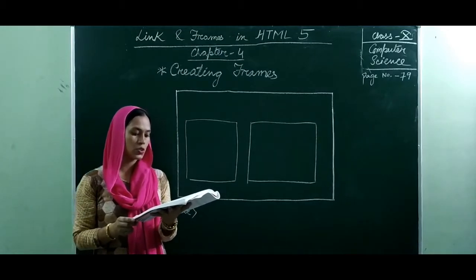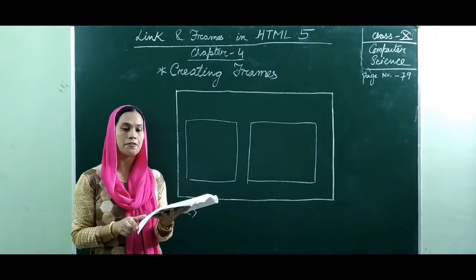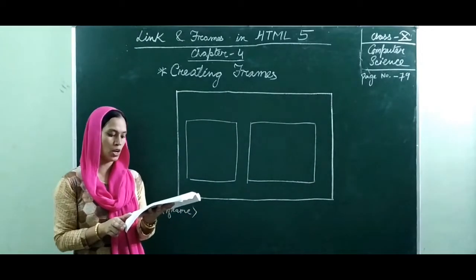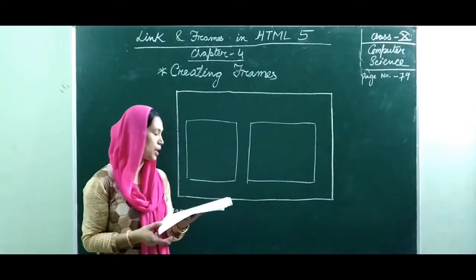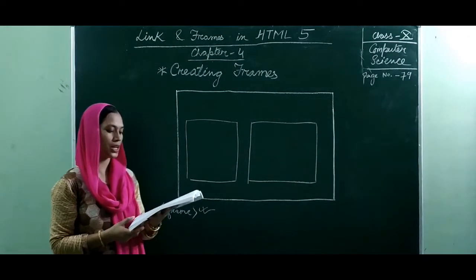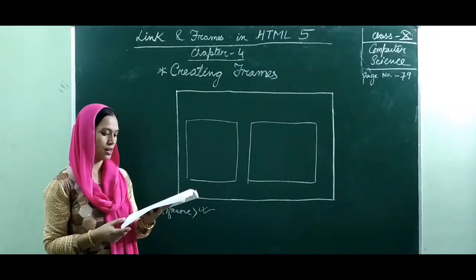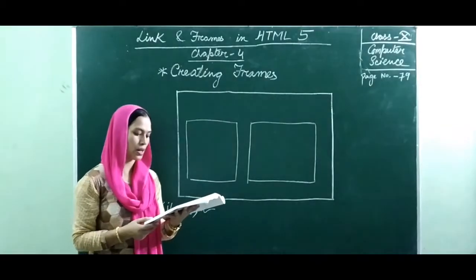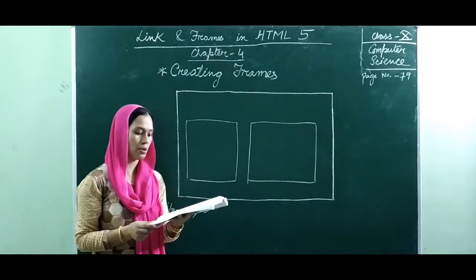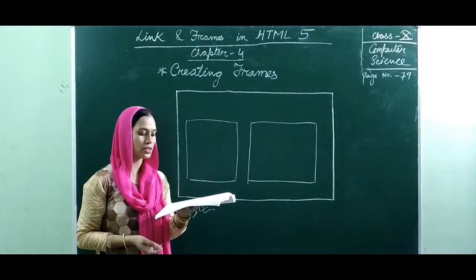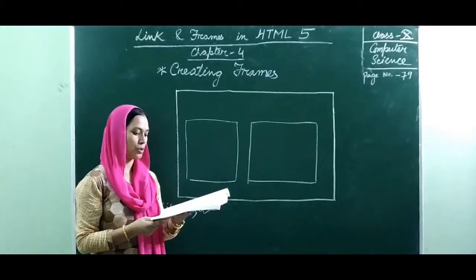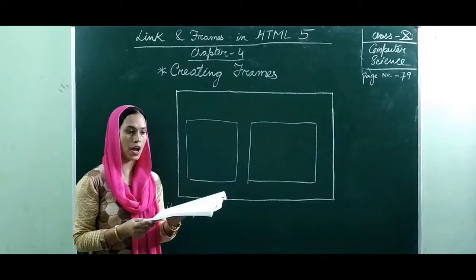The iframe tag is used to define an inline frame that enables you to present another HTML document within the same window. So by using this iframe tag, you can display two web pages, presenting another HTML document within the same window. And we have some properties of iframe in page number 79 itself. We can say that these are attributes of iframe.